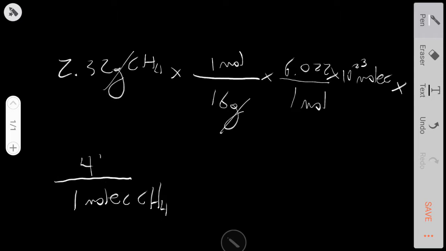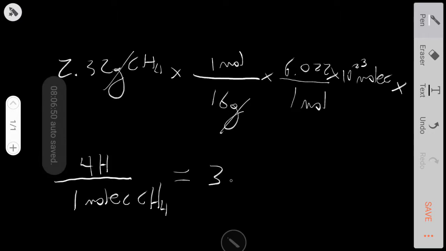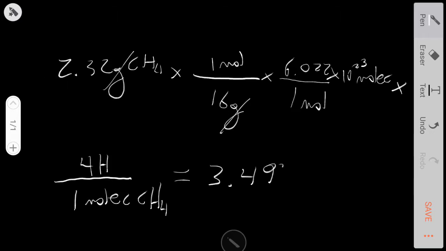So 4 hydrogens. Now we have 2.32 times 1 times 6.022 times 10 to the 23 times 4, all divided by 16, and your answer should be 3.493 times 10 to the 23rd.